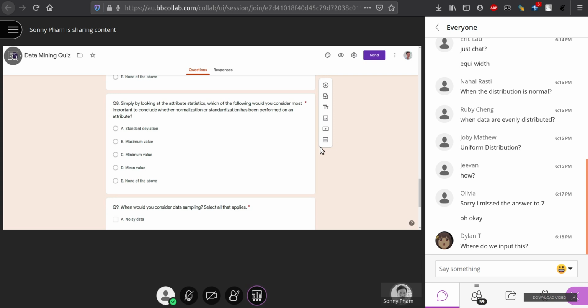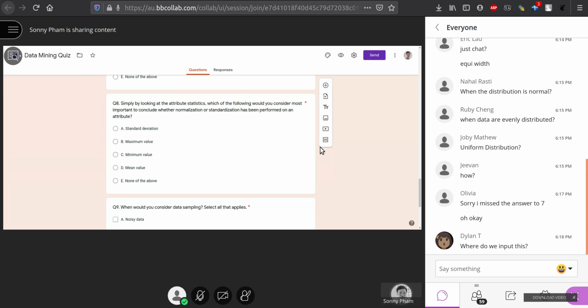I think most people have selected standard deviation or mean value, and I think few of you chose maximum value. So this question is actually very open. It doesn't matter which one you choose. They can work, depending on the distribution of the data.